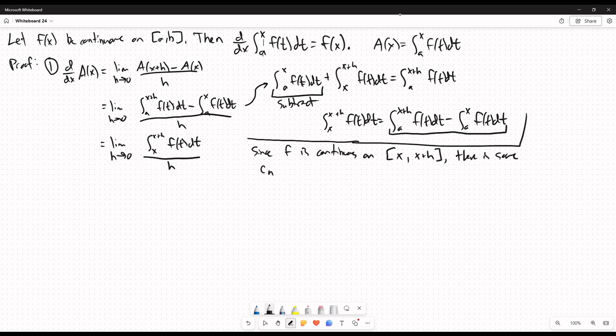There's some c sub h in that interval such that by the mean value theorem for integrals, we have that f of c_h times the length of our interval, well, the length of our interval is h, equals the integral from x to x plus h of f of t dt. And this is by the mean value theorem for integrals.